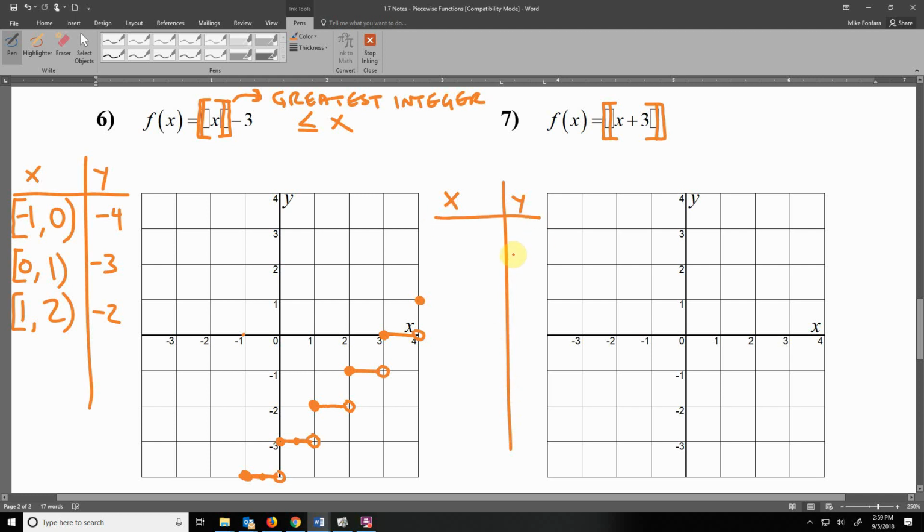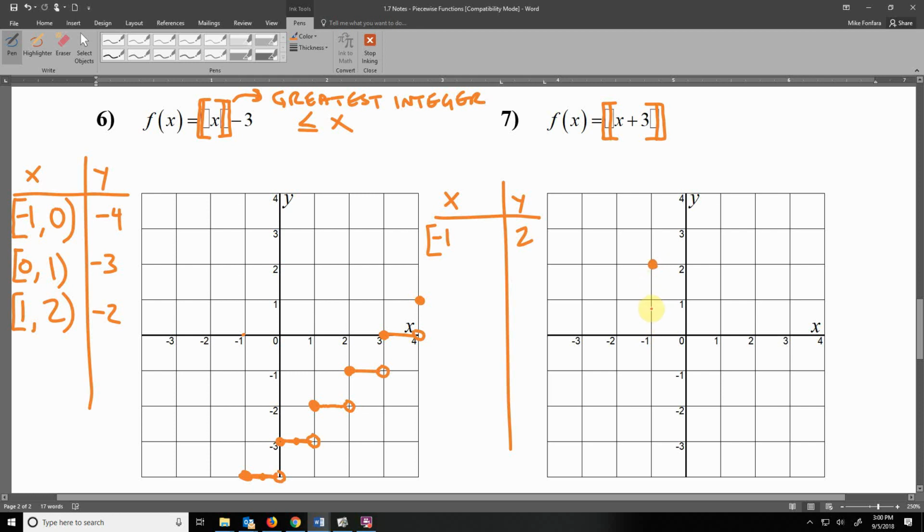Here, if I put in an input of, let's just use -1 again like we did on the previous one. This time, I'm doing my addition, then finding the greatest integer less than or equal. So -1 plus 3 is 2, and the greatest integer less than or equal to 2 is 2. So at -1, I got an output of 2.